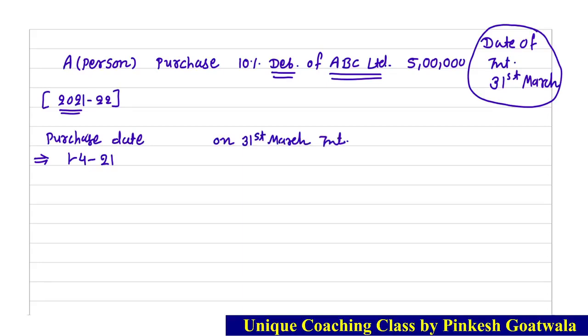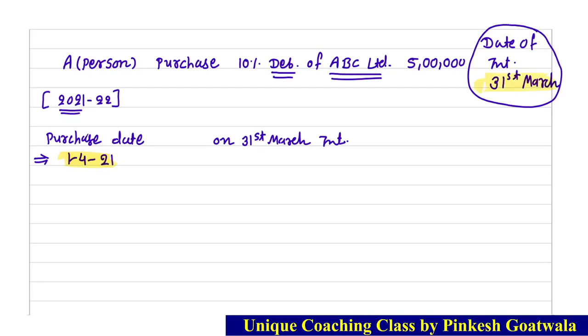Okay, how much interest? Common છે આખું year એની પાસે, he has a debenture for the whole year. પૂરા આખા વર્ષ માટે એની પાસે debenture હતા, right? Because he purchased debenture on which date? 1st April 21, and the date of interest is 31st March.